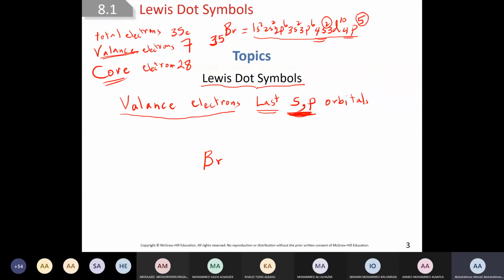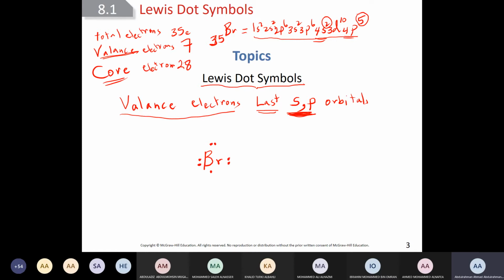And that's why the way they put it in Lewis, if it's 1, they will put it like this, 2 like this, 3 like this, 4 like this, if it's 5 like this, 6 like this, 7 like this. And there's no 8, so I'll stop here. This is the Lewis dot symbol for bromine.